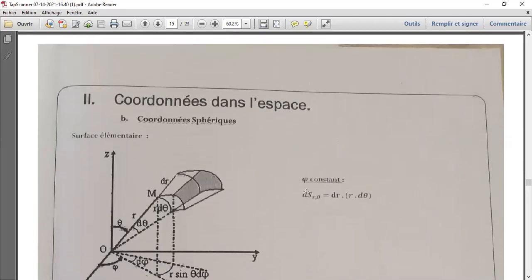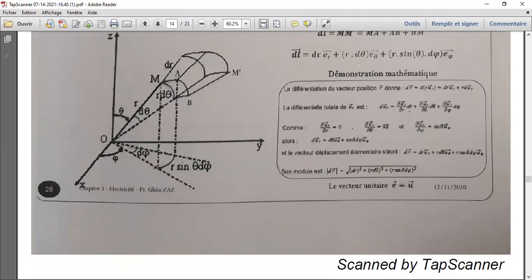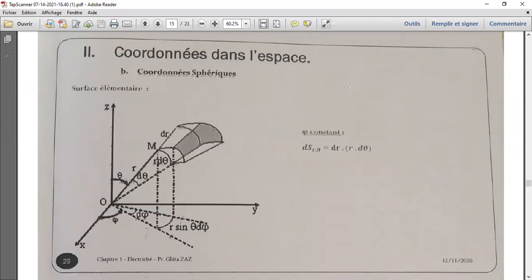So here they're saying phi is constant. When phi is constant, the differentiation of phi gives you 0, and when you multiply, this whole thing is 0. So you only have dr times r d theta. When you are finding the surface or the volume, you have to group the like terms together, those which represent the same things.